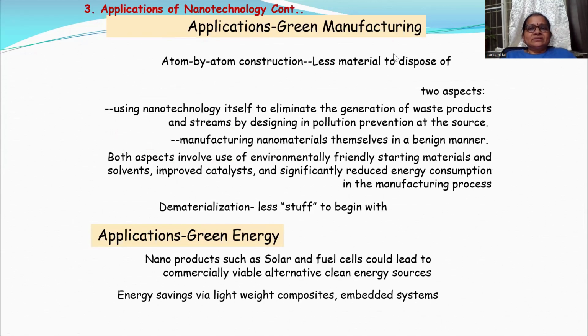Now similarly, we can have applications like atom by atom construction, with less material to deposit. There are two aspects: generation of waste products and streams, and design and pollution prevention at the source. Similarly, applications of green energy nanoproducts such as solar and fuel cells could lead to commercially viable alternative clean energy sources. Nowadays, battery making is also different compared to previous bulk battery systems. Bulk battery systems may produce more pollution to the environment, whereas nowadays sleek battery designs are coming up.